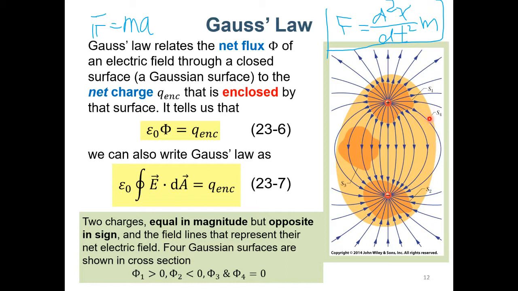And phi 4, the largest surface, encloses both the positive and negative charge, so the total amount of charge inside S4 is 0. So phi 4 is also 0. That is what we mentioned on Tuesday.